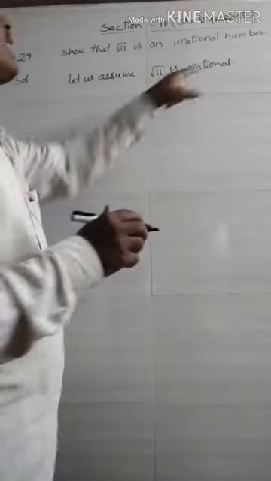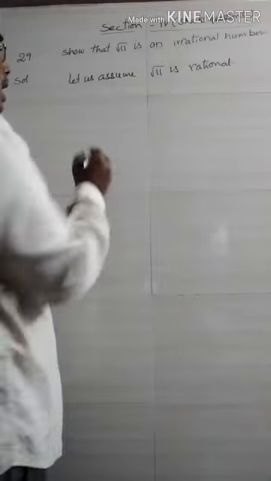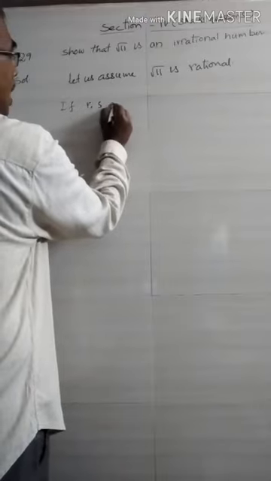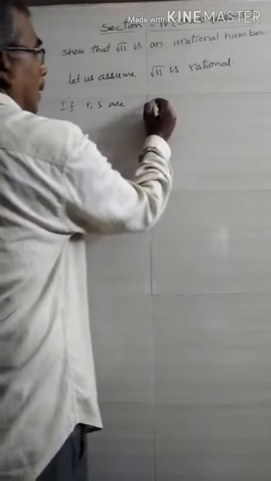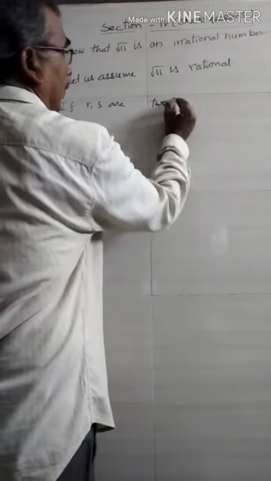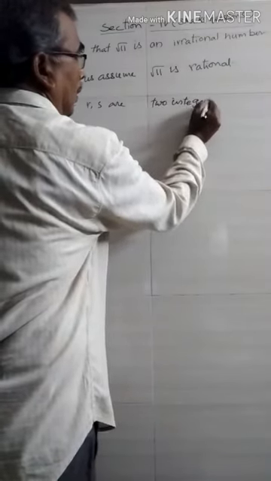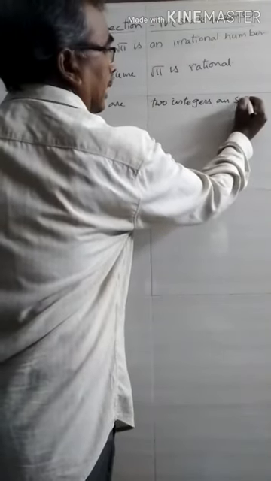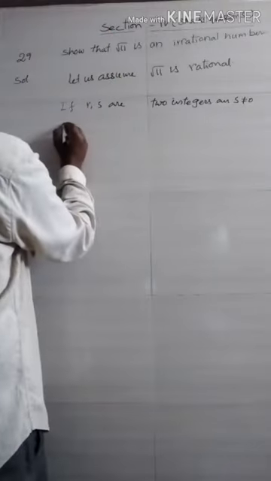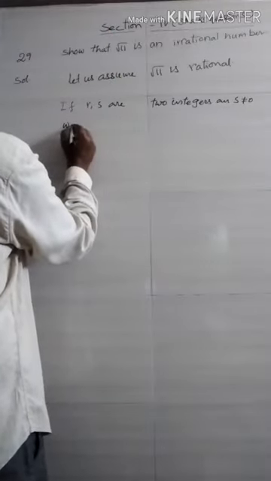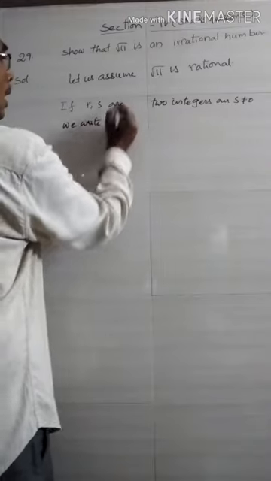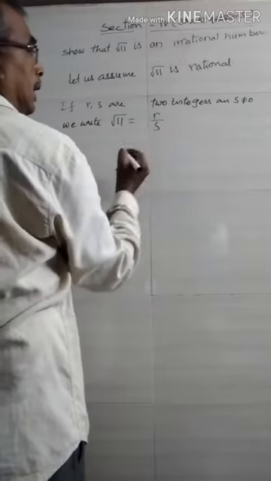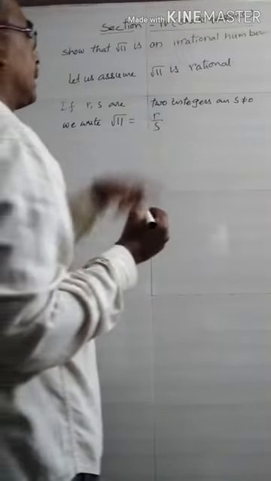When we take root 11 as rational, if R and S are two integers and S is not equal to 0, we write root 11 is equal to R by S. Here R and S are two integers and S is not equal to 0.